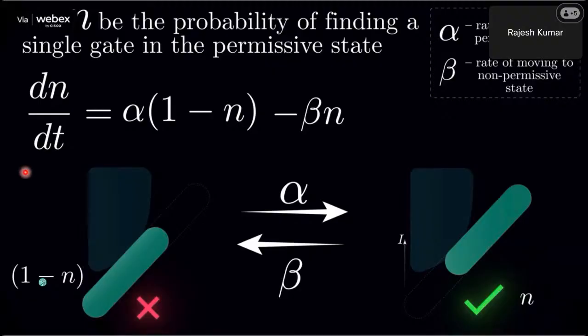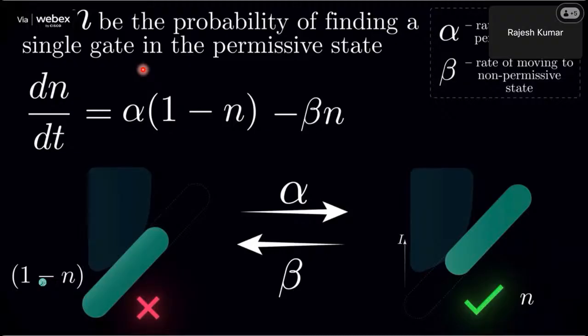They say, let n be the probability of finding a single gate in the permissive state. So they put it like dn/dt is alpha times (1 minus n), minus beta times n. Alpha is the rate of moving to the permissive state, and beta is the rate of moving to the non-permissive state. The rates are not uniform; there are two different rates known as alpha and beta.